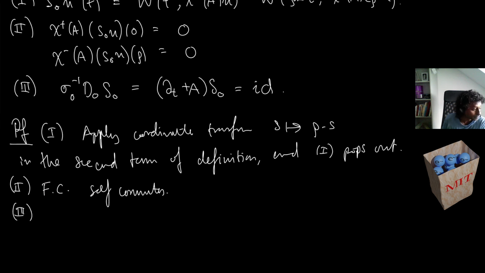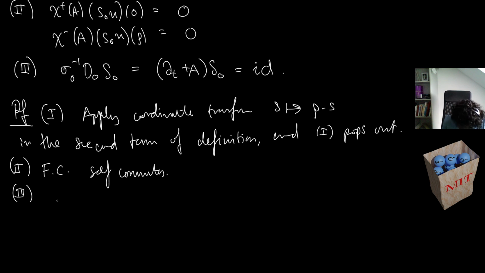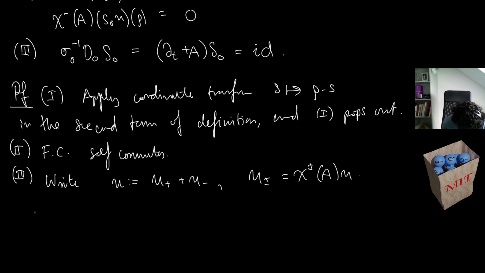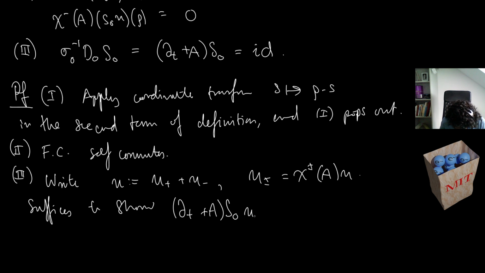The third point: write u equals u plus plus u minus, where u plus minus is chi plus minus of A of u, by functional calculus. So it suffices to show that partial t plus A of S naught u plus minus is equal to u plus minus.